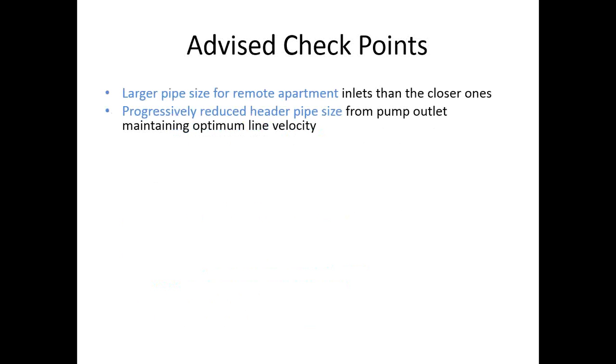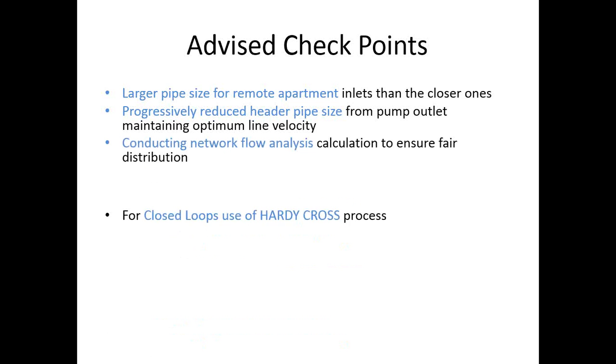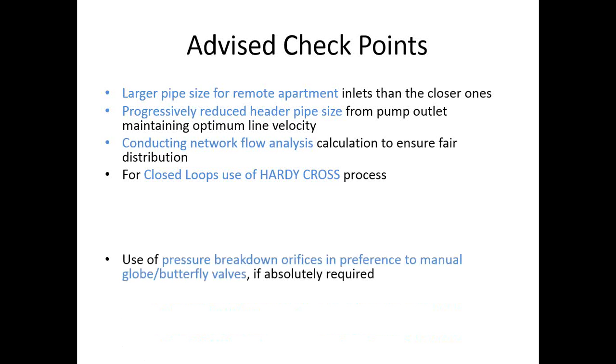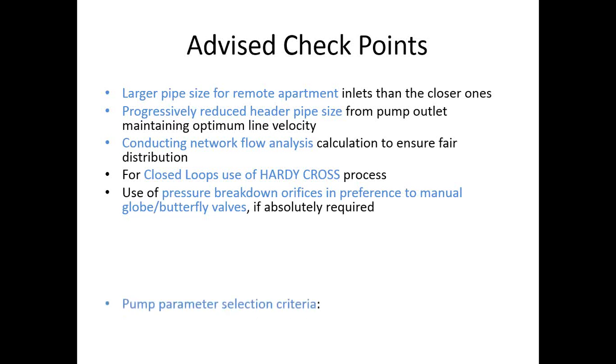For achieving a good design, it is advised to follow a few basic checkpoints: larger pipe size for remote apartment inlets than the closer ones; progressively reduced header pipe size from the pump outlet, maintaining optimum line velocity; conducting network flow analysis calculation to ensure fair distribution; for closed loops, use of the Hardy-Cross process; use of pressure breakdown orifice in preference to manual globe or butterfly valves, if absolutely required.